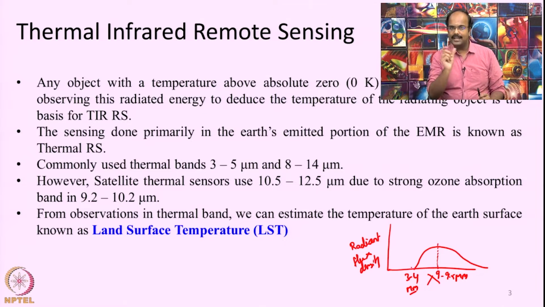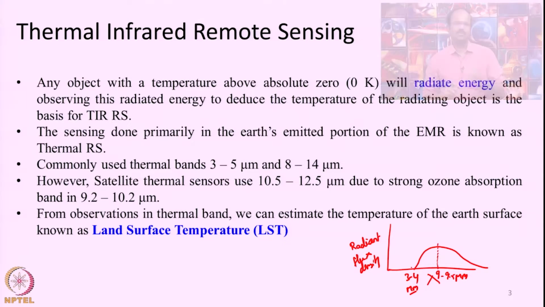This peak in energy around 9 to 9.5 micrometers is essentially where we have to measure the radiance and use it to calculate the temperature of the object that is emitting it. In general, rather than talking about just 9 micrometers, we will describe it as a range, 8 to 14 micrometers, which is essentially the long wave infrared part of the electromagnetic spectrum.